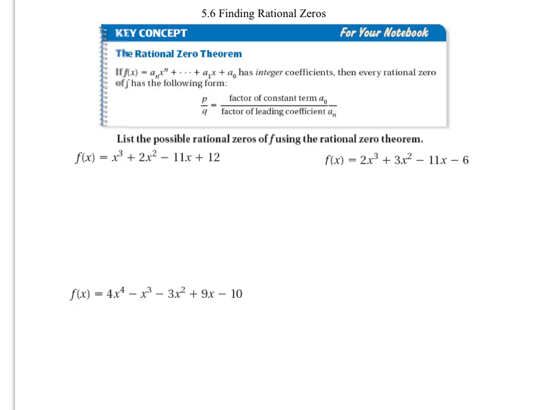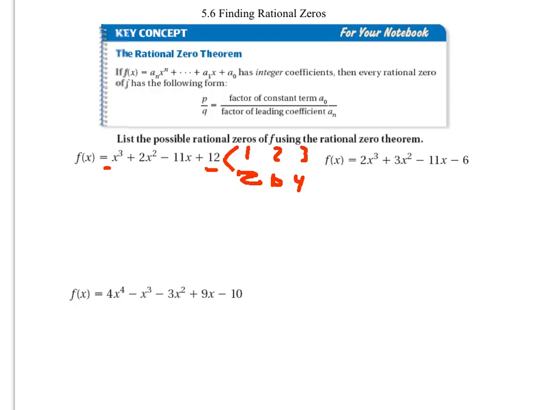So now we're just going to take a look at this 12 right here. That is basically p. It's the factors of the constant term. And over here, since our leading coefficient is a 1, there's really not much to do. So we take a look at the factors of 12, which would be 1 and 12, 2 and 6, 3 and 4.